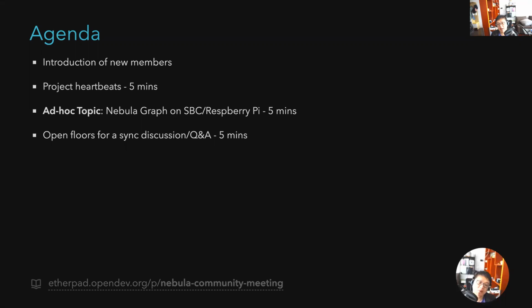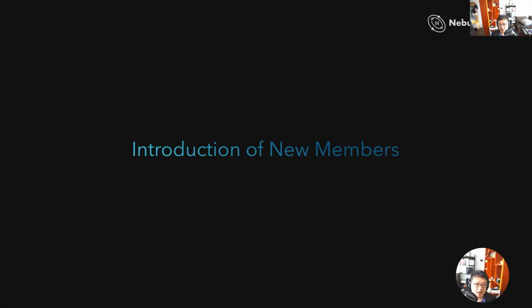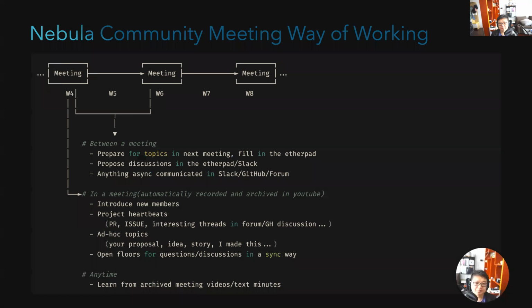And then if we have someone joining us, we will have open floors for sync discussion and Q&A. This is still needed, although we are running on async communication in most cases, but sync discussion will benefit us anyway in some cases.